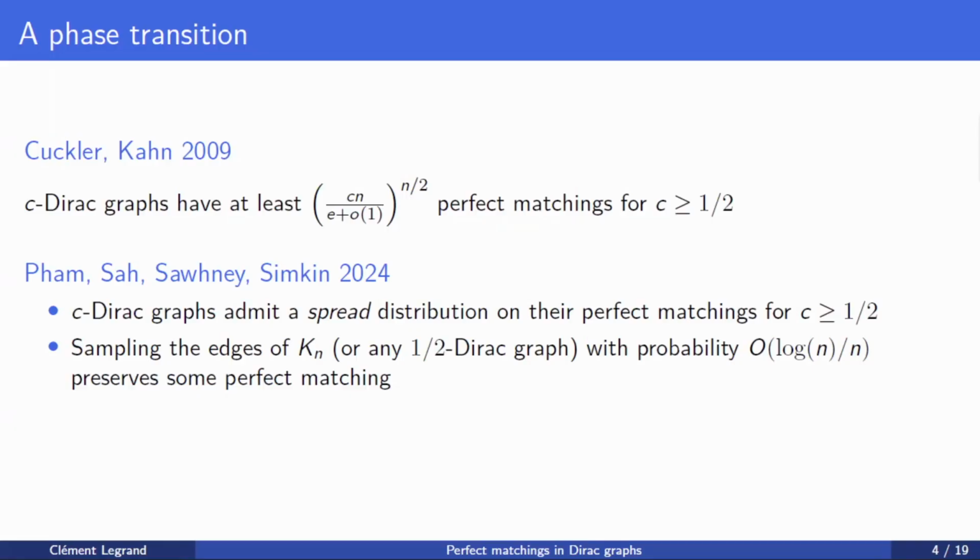Here we started with a clique, but instead you could start with a graph that contains loads of perfect matchings, like a c-Dirac graph. That's exactly what they do here. If you start with a 1/2 Dirac graph and sample the edges with probability O(log n / n), you still contain a perfect matching with high probability.